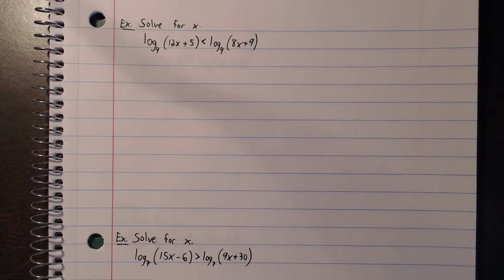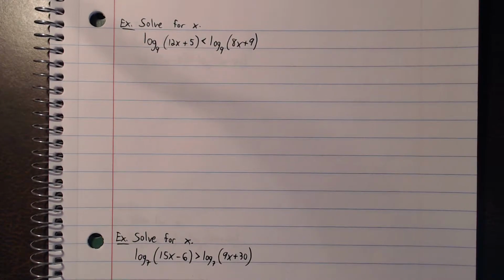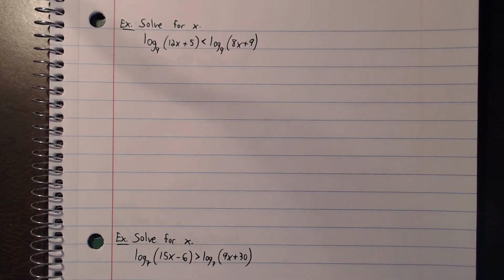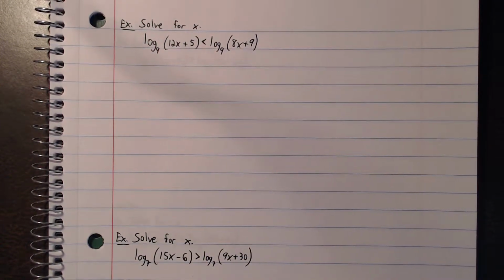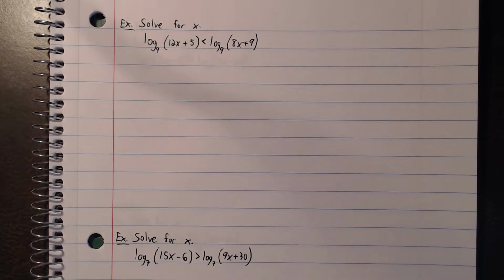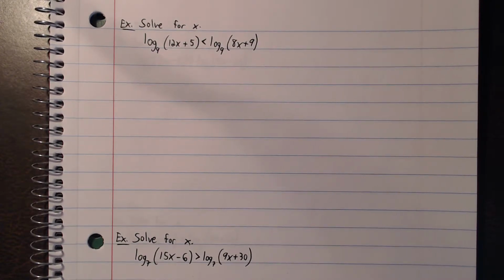You're going to get a range of values, and we need to figure out exactly what our range is. Depending on what we get when we first solve this, we'll either get an upper limit or a lower limit. If we end up with a lower limit right away, that's a good thing, because then we can just stop.